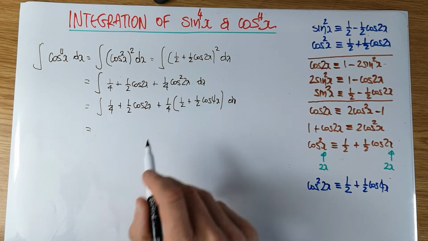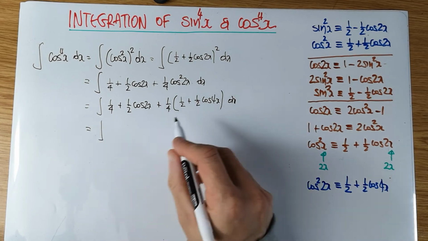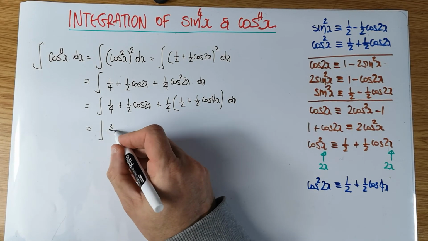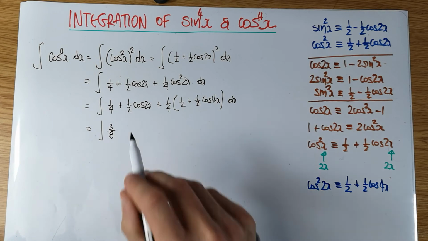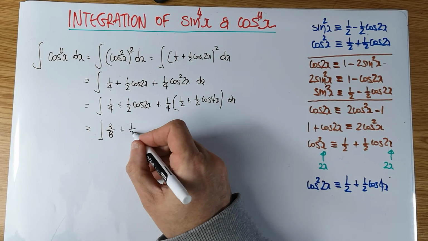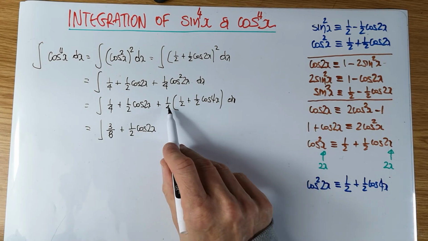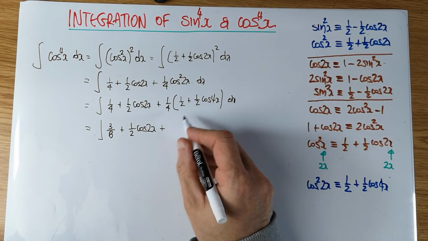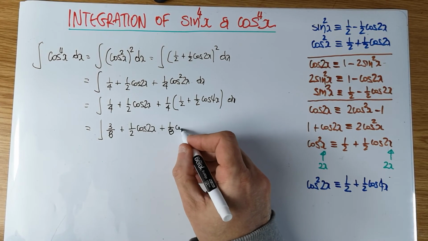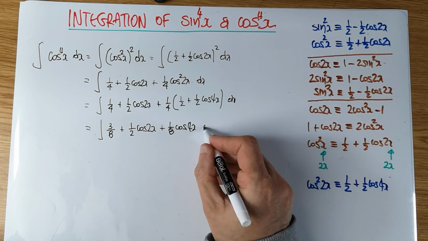Tidy up the numbers. A quarter plus an eighth, we've done it before, it was a 3/8. Okay, and then we got just very simple material, just the final tidy now. That's this bit here, and then we got a quarter times a half, which is 1/8 cos of 4x dx.